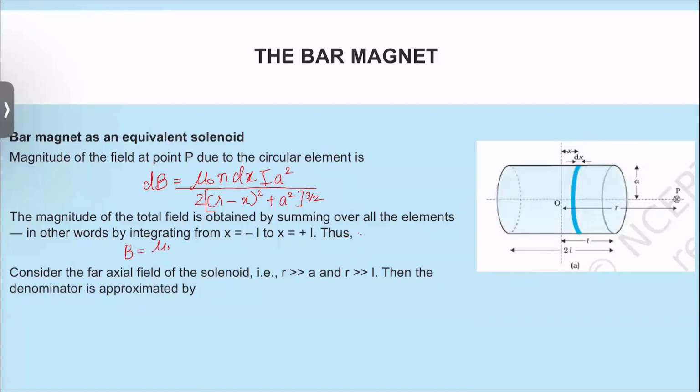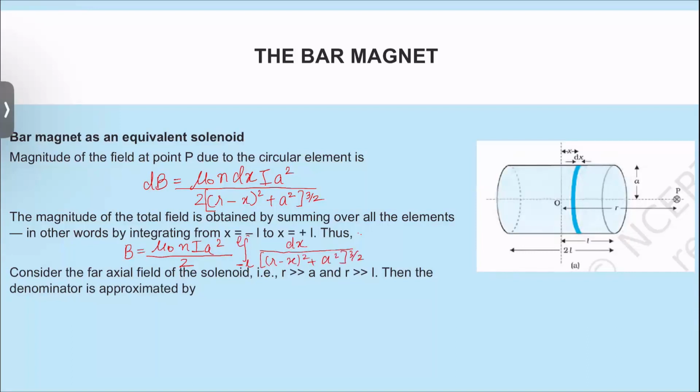So B is equal to mu 0 n I a square, and we integrate from minus L to plus L. We take the common terms out and integrate the terms that are related, that is dx over (r minus x) the whole square plus a square, the entire thing raised to the power 3/2. So this is what we get.